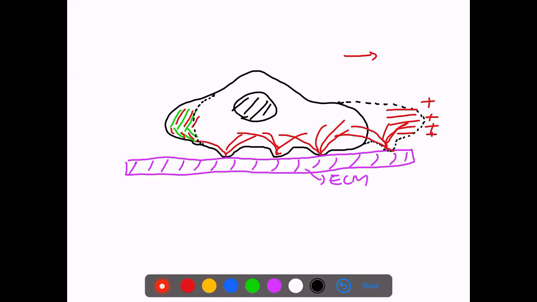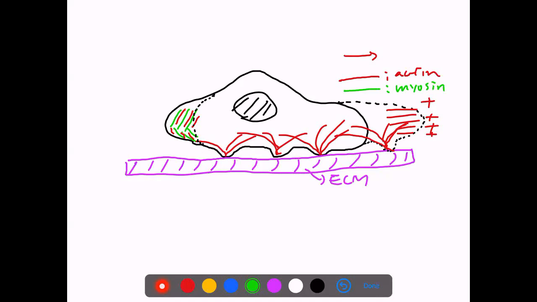On this figure, red is the actin, and the green is the myosin.